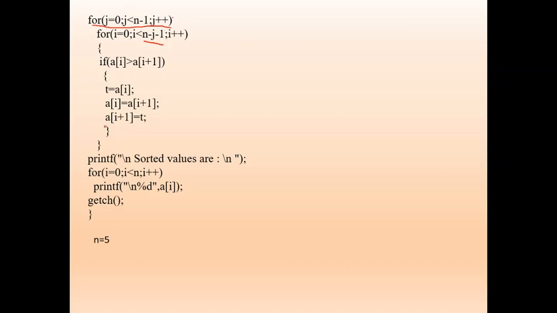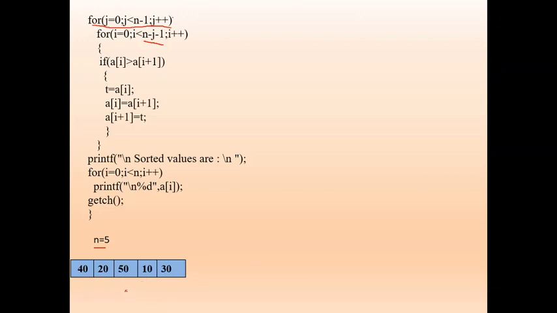Now consider if n is 5. This is very important. If n is 5 and my input is 40, 20, 50, 10, 30, they are not in order. They are not in ascending, not in descending.